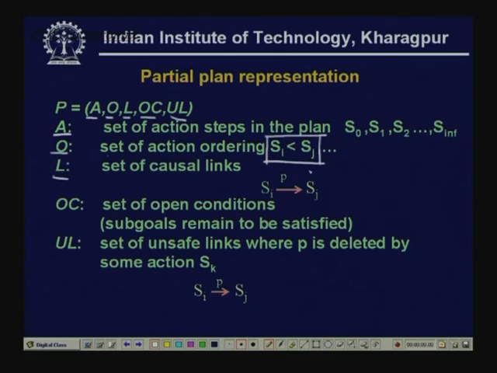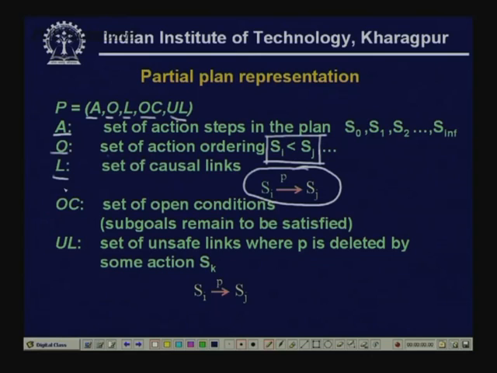And as we saw, a causal link Si to Sj on condition P means Si achieves condition P for Sj. So, Si has P as an effect and P is a precondition that is required by Sj. Okay. So, A, O and L specify the partial plan.